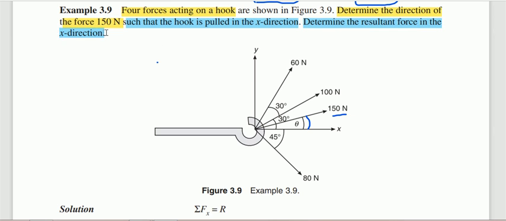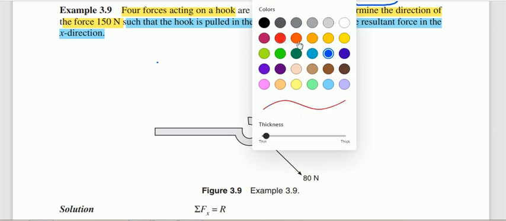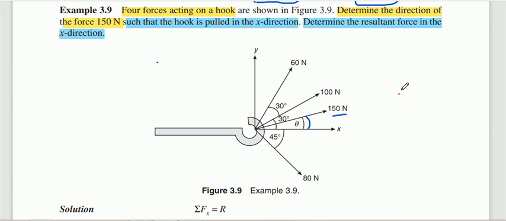They have clearly mentioned the hook is pulled along x direction and the resultant lies in the x direction. So now what is the condition for Fx and Fy based on this statement? Summation of Fy is 0 and summation of Fx is equal to R.